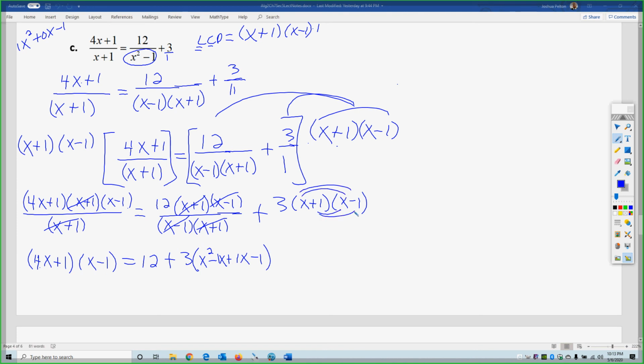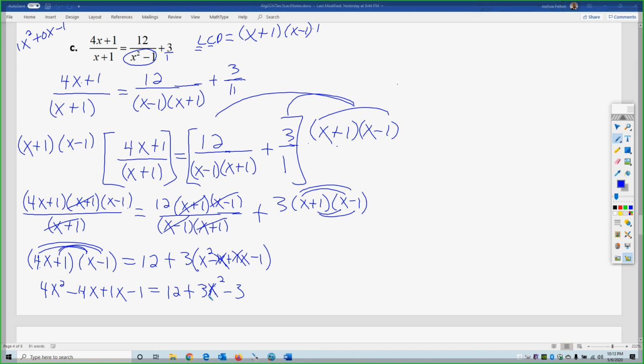All right, so we'll go over to here and distribute. So I get 4x squared minus 4x plus 1x minus 1 when I distribute. All right, equals 12 plus, those will cancel each other, leaving 3x squared minus 3.